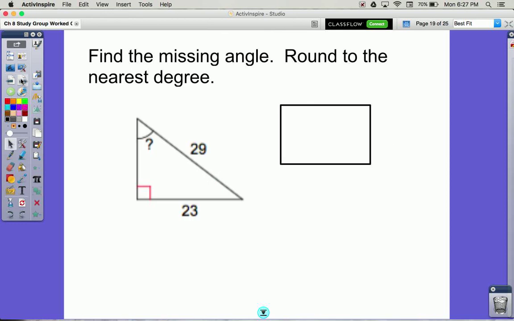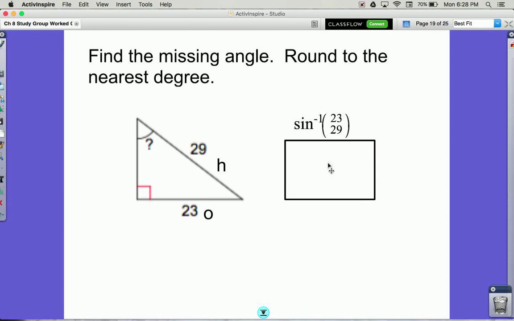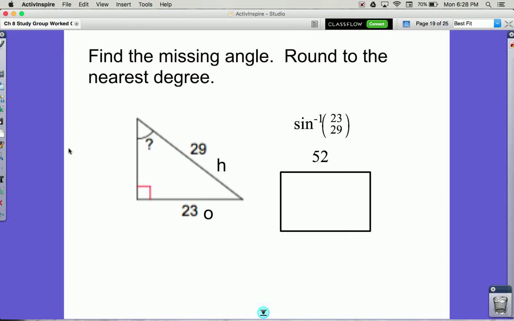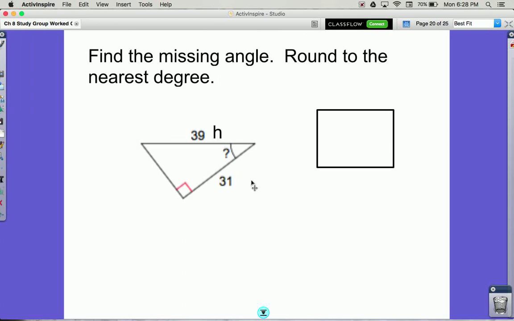On this one, you're going to find the missing angle and round to the nearest degree. Again, these are inverse SOHCAHTOA problems. So this is opposite, this is hypotenuse. So you're going to use inverse sine of 23/29, which is 52 degrees. On this one, 39 is hypotenuse and 31 is adjacent.